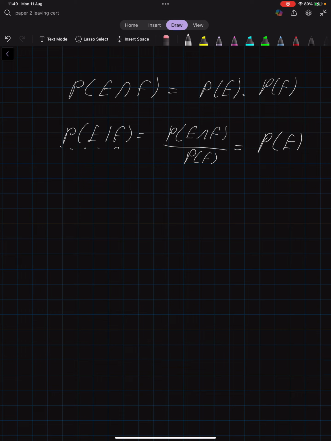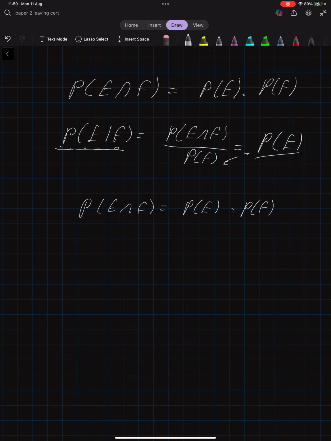It's saying that if they're independent, if they have nothing to do with each other, then if I tell you that one of them happens, that doesn't give you any information about the other, and therefore the probability that E happens given that F happens is just the probability of E. Now I can cross multiply here and get that the probability of E intersection F is equal to the probability of E multiplied by the probability of F. So that's where it comes from.